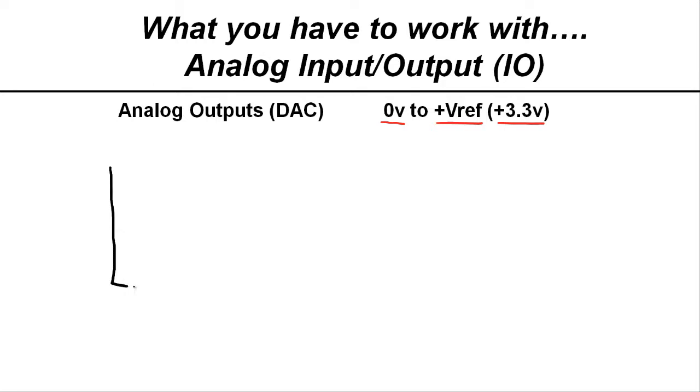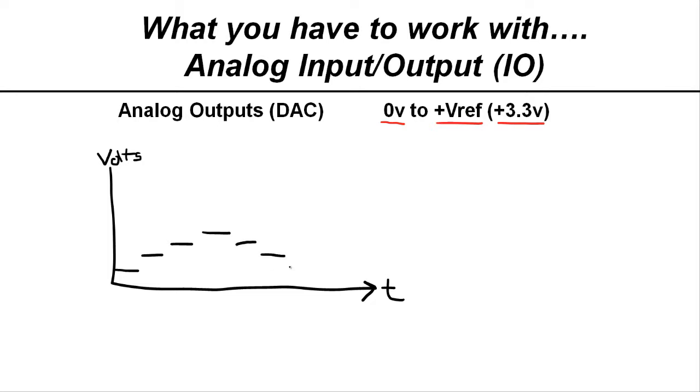Let me draw little axes. I'll draw over here T for time, and we'll say this is volts. What a DAC can do is you can control it by writing values to a DAC register to control its output voltage.